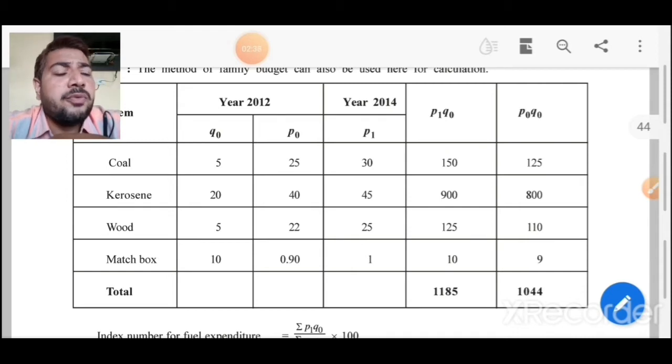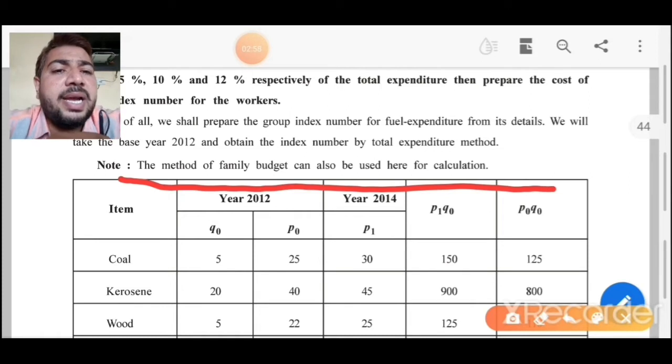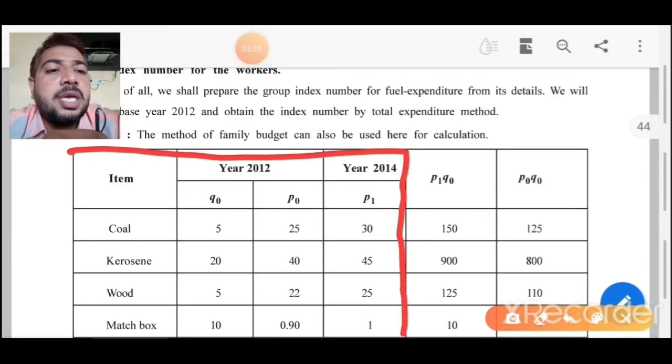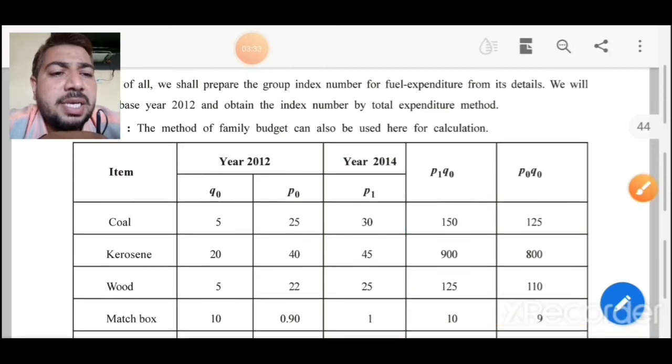As you know, from both the methods the answer is the same. It is said here that the family budget method can also be used for calculation. So you can use that also, but the total expenditure method will be suitable here. So up to here the question is given, and then we have prepared P1Q0 and P0Q0, and you know how to calculate this.